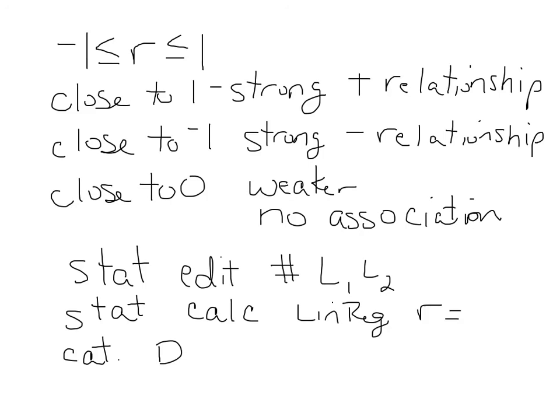So you hit blue 0, and then you will hit the button that says D. And then you will continue down until you get to Diagnostic On. And you will hit Enter. You might have to hit Enter twice. And then it'll say Done, and you can run through it again. Stat, Calculate, Lin, Regress, and the R value should appear.